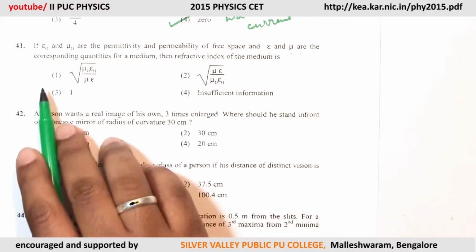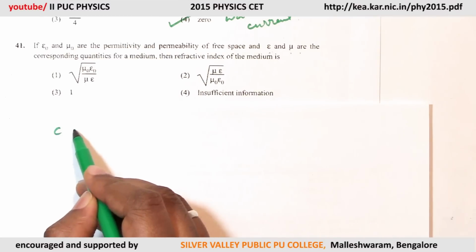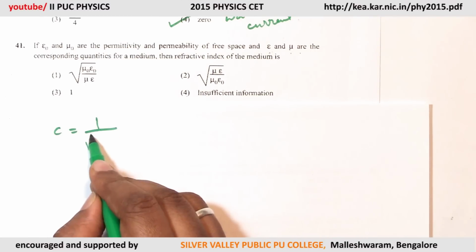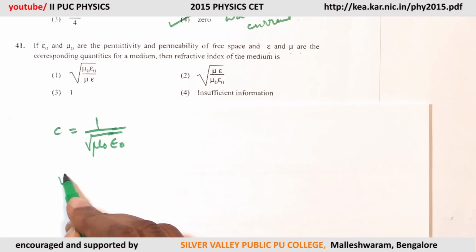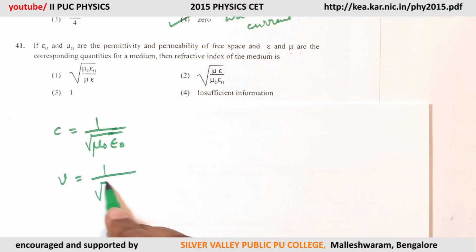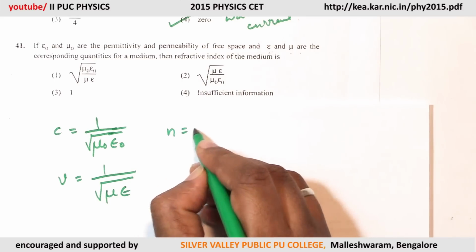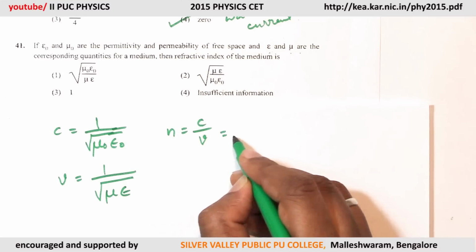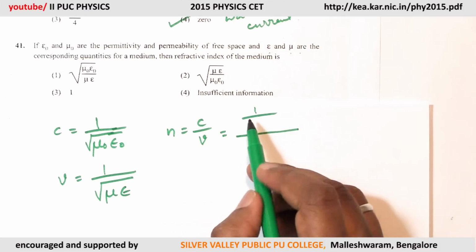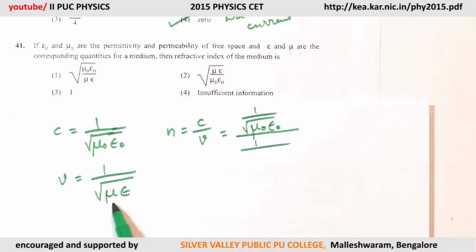epsilon, mu are the corresponding quantities for a medium, then the refractive index of the medium. Speed of light is given by 1 by root of mu naught epsilon naught. Similarly, speed of light in a medium is 1 by root of mu epsilon, and refractive index equals speed of light in vacuum by speed of light in medium, which is equal to 1 by root of mu naught epsilon naught, divided by 1 by root of mu epsilon.